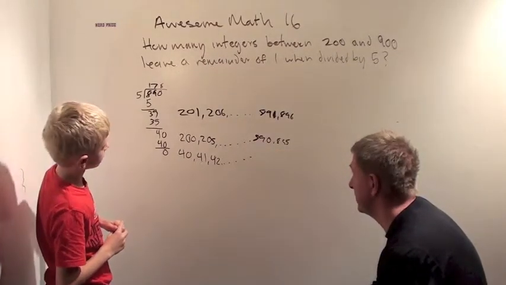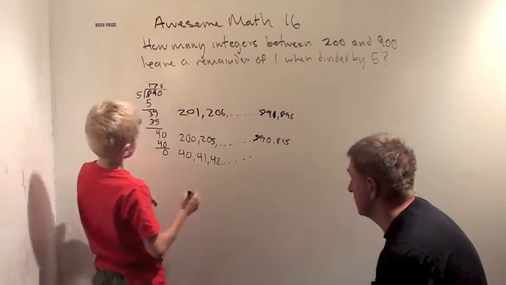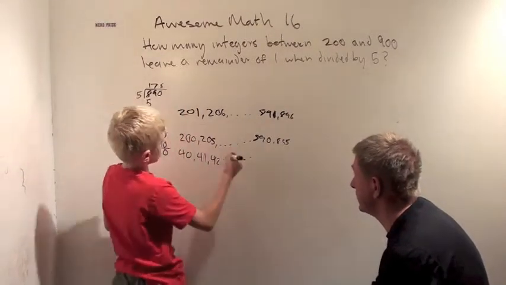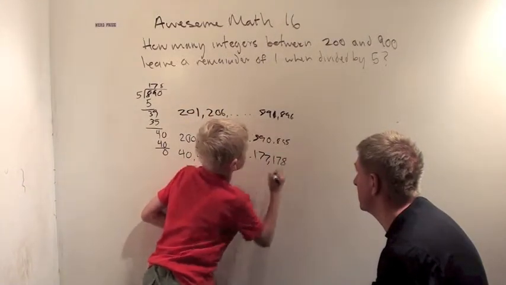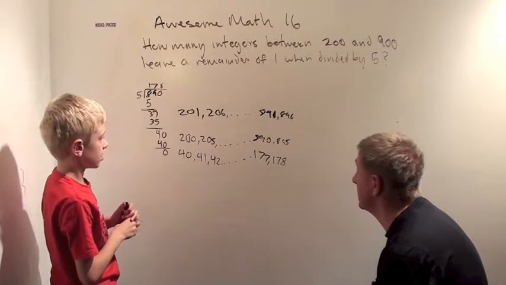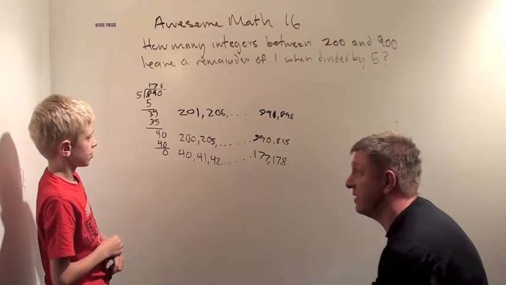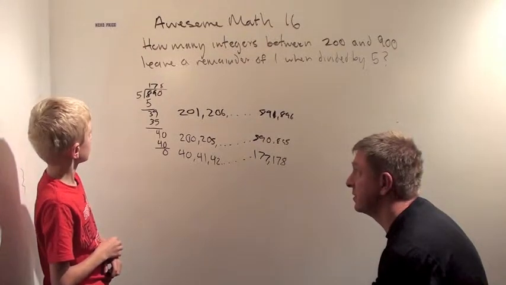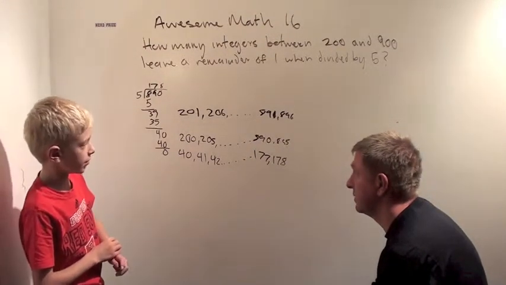Okay. How does that help us? Now we know the ending number is 178. And then, whoa, wait a second. What number divided by 5 was 178? 890.